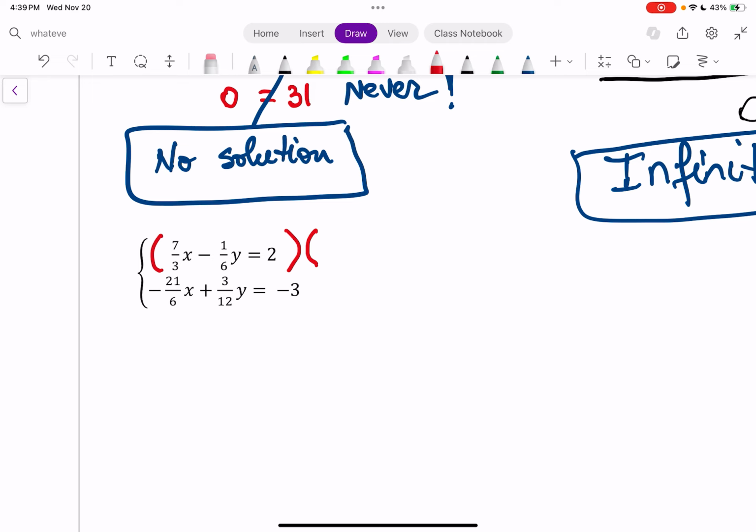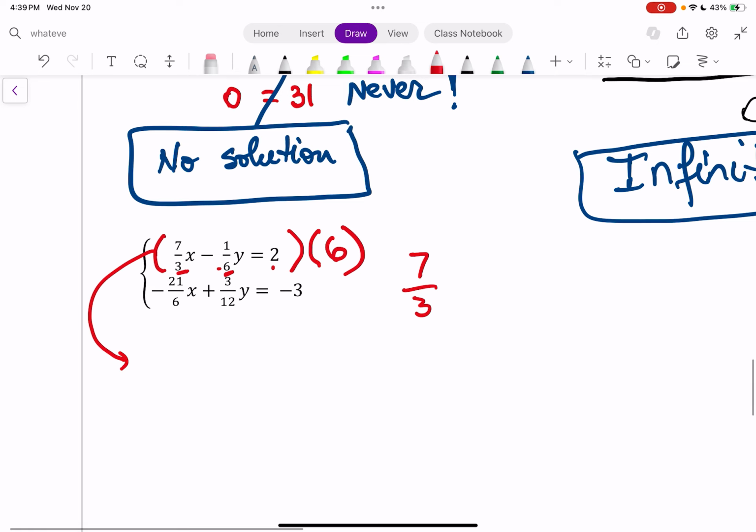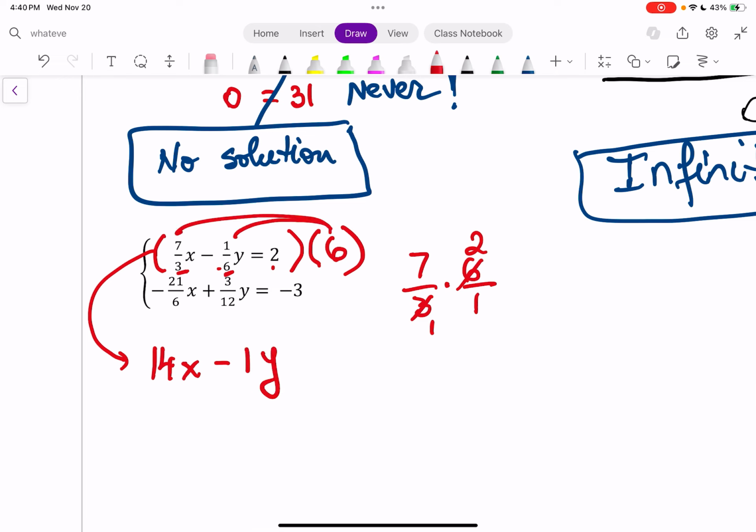To get rid of the fractions, I need to multiply the top equation by something big enough that will reduce the 3 and the 6. So I just multiply by 6. And then I put it underneath. So 7/3, by the way, times 6, which is the same thing as 6/1, is the same thing as 14x. 1/6 times 6, well, that's easy, that's 1.